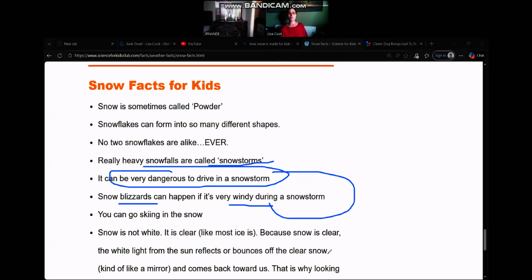So I would call it, when it's heavy, it's called a snowstorm. It can be a blizzard, which is very windy. It's very dangerous to drive during those in a blizzard. Okay, just giving you an example of something like that.